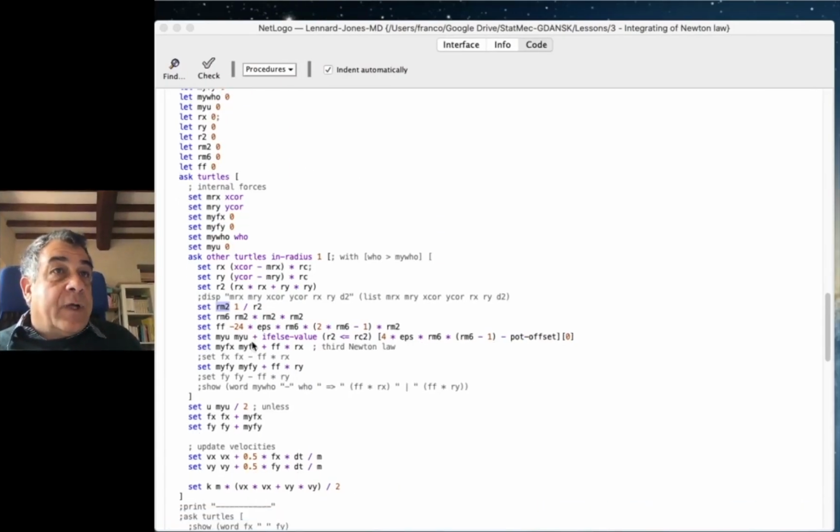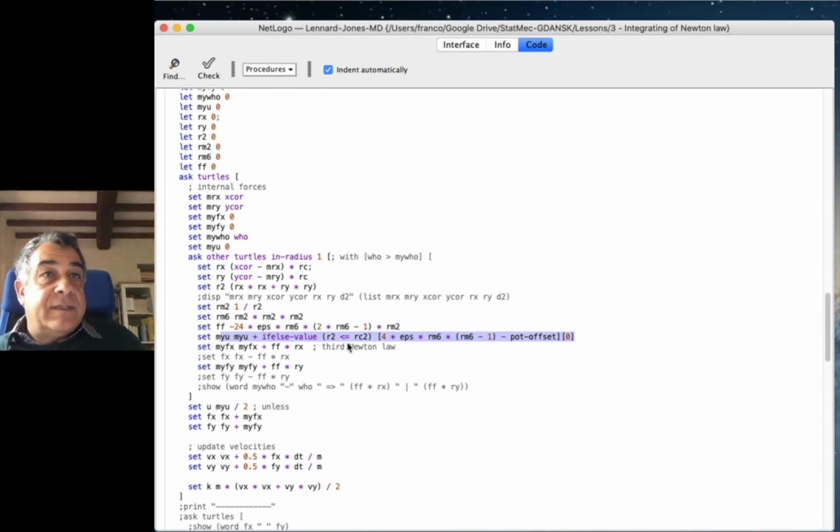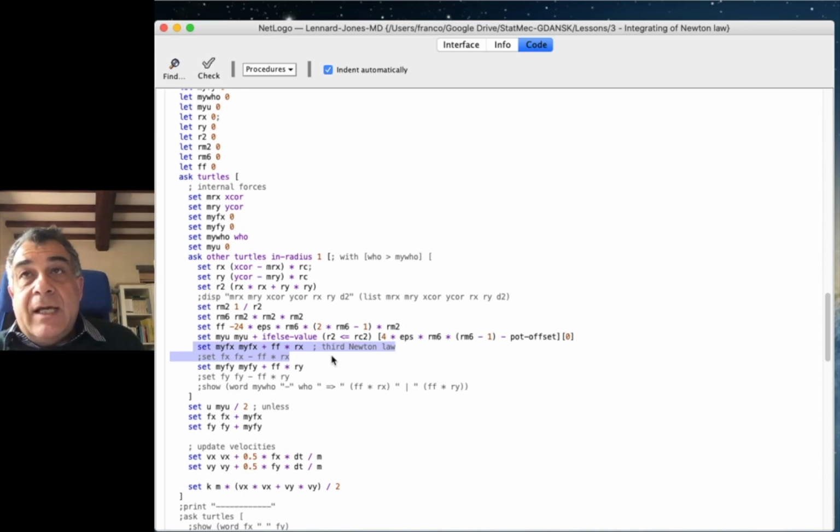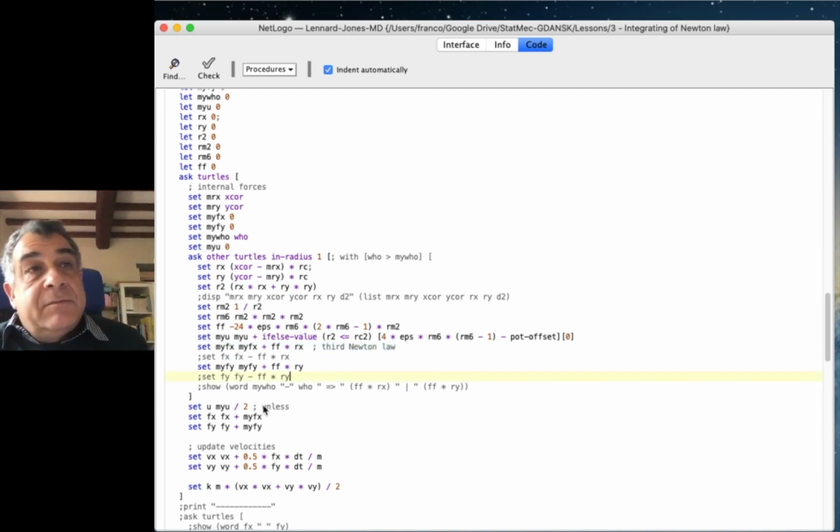And okay, so this is the force. Then this is the energy, with two possibilities if it is inside or outside. Then the third Newton law. I don't need it here, but I could also have halved the computation by exploiting the fact that action and reaction are the same, but it's not worth doing that.